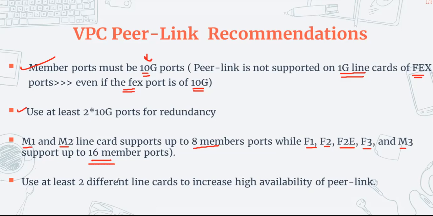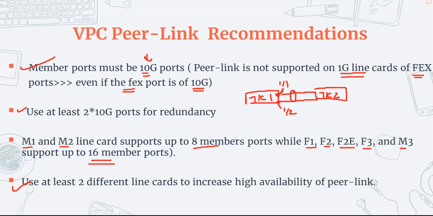The last point is to use at least two different line cards to increase high availability of the VPC peer link. What does it mean? Let's say this is our N7K1 and this is our N7K2, and you connected both and formed the port channel. Let's say this is port number 1/1, this is port number 1/2, and you are using both ports from the same module or the same line card.